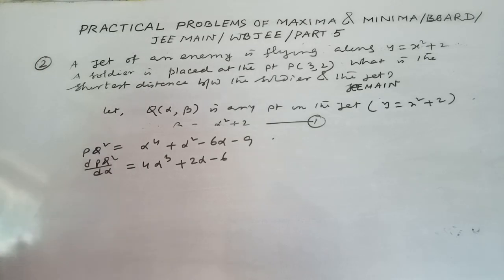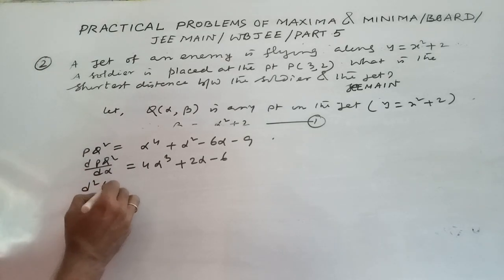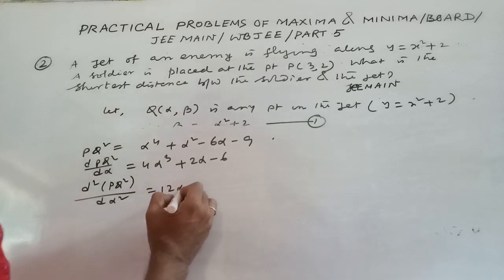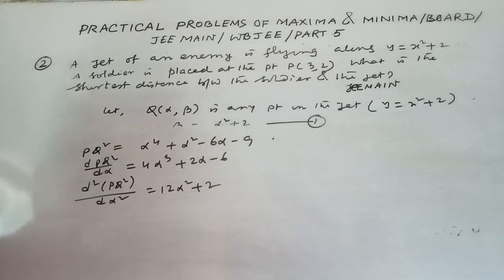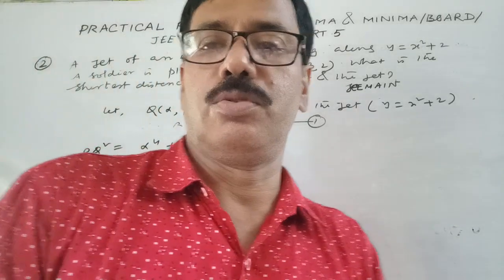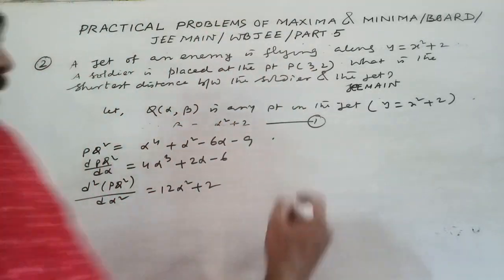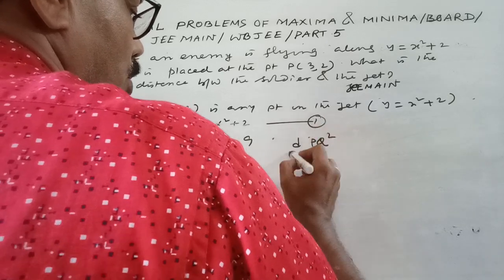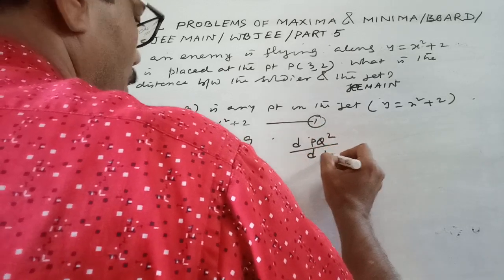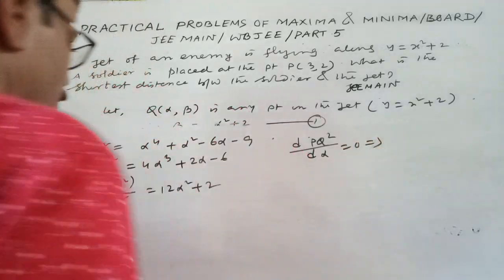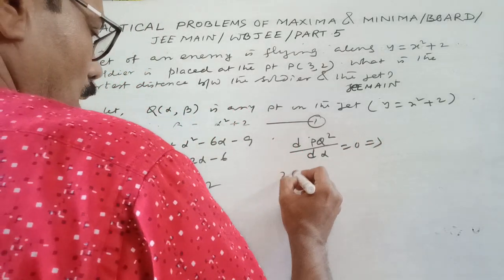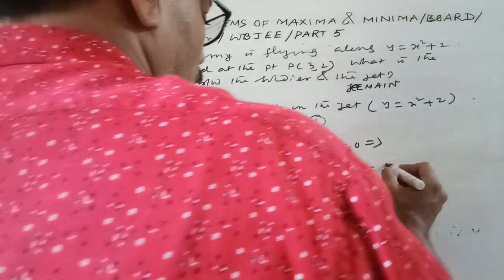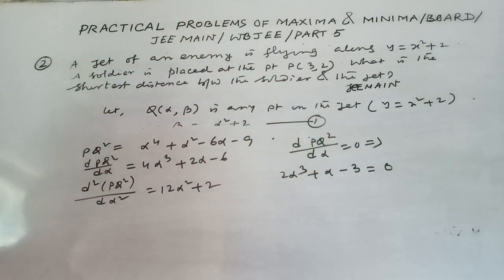And if you take the double derivative, d square PQ square by d alpha square, it is 12 alpha square plus 2. Now make the first derivative 0, which implies 4 alpha cube plus 2 alpha minus 6 equals 0.